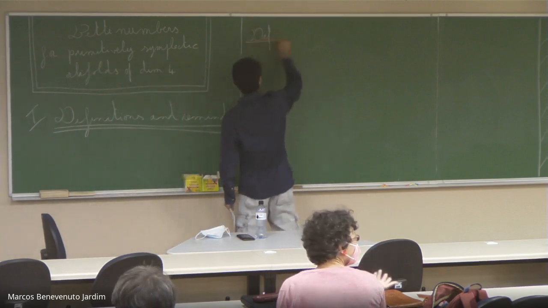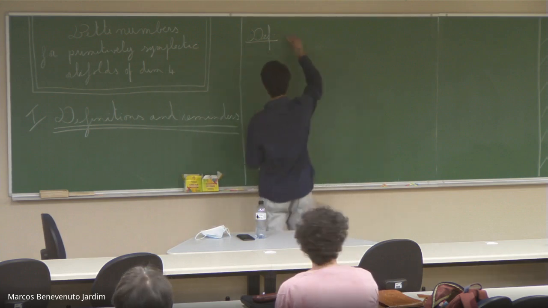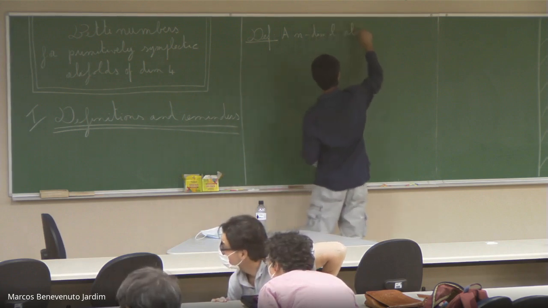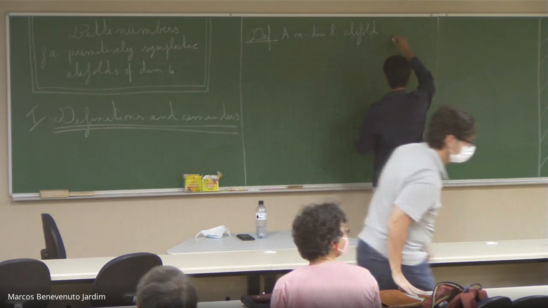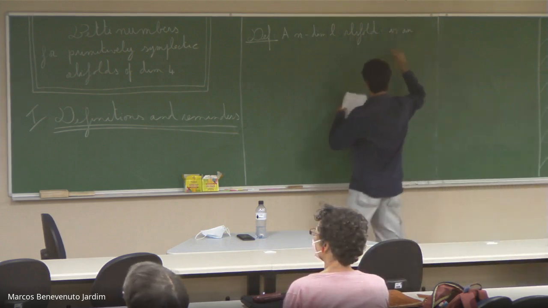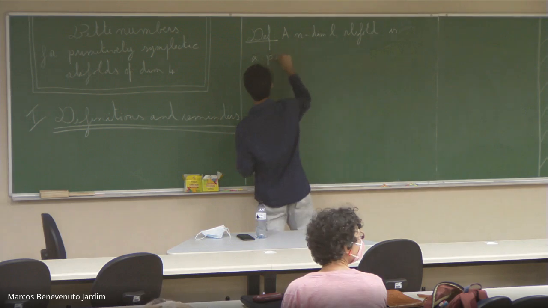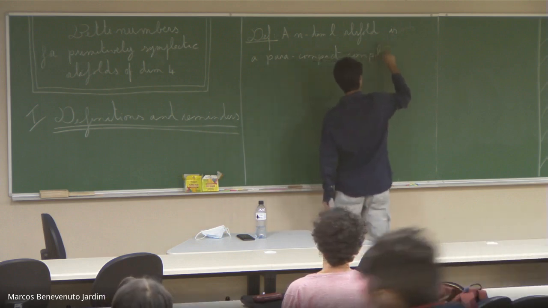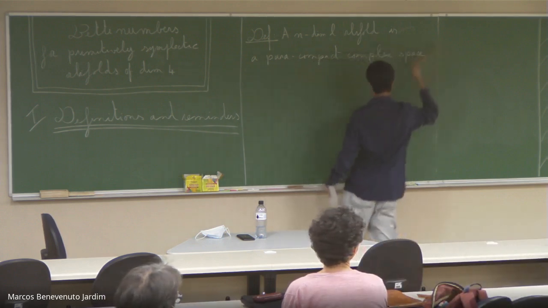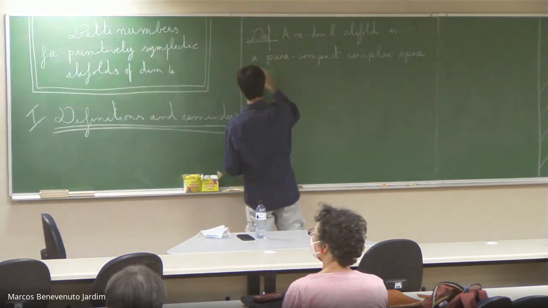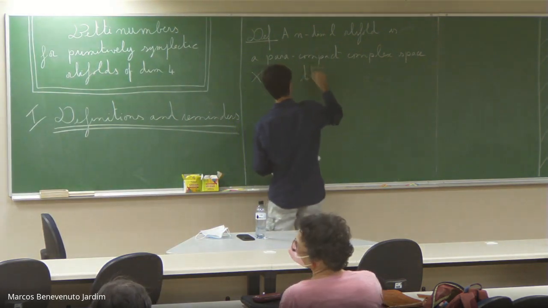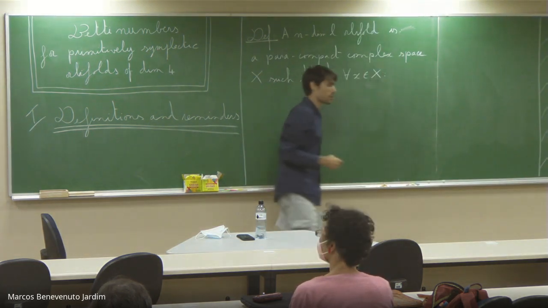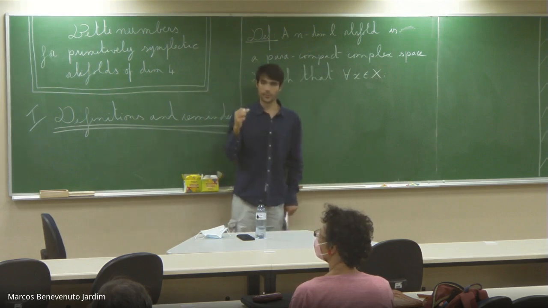Here I will have to be slightly more precise than last time. An n-dimensional orbifold is a paracompact complex space X such that for every x inside X, the idea is that we only have quotients like this.